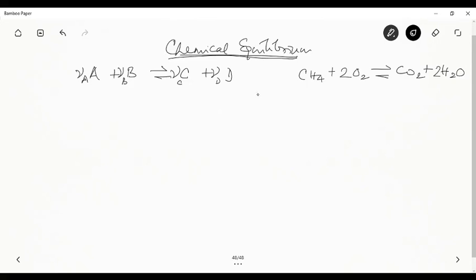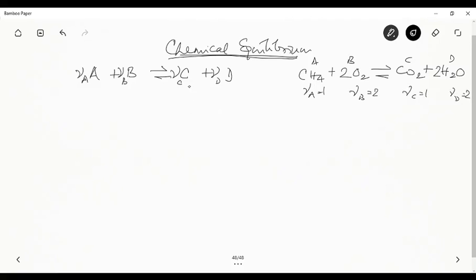Okay, so this is an example reaction. So if this is A, this is B, this is C, and this is D, so A is methane, B is oxygen, C is CO2, and D is H2O. Then ν_A is 1, ν_B is 2, okay, and μ_C is 1, and μ_D is 2.